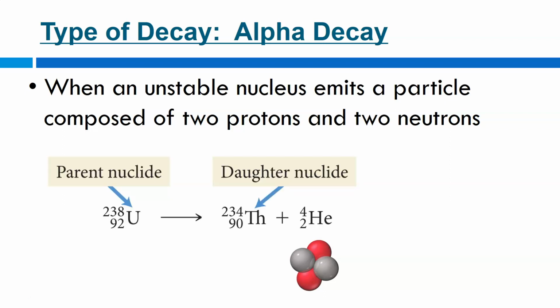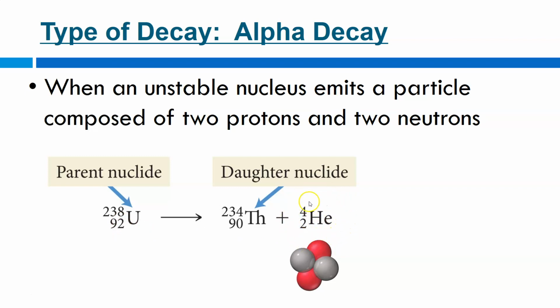Here's an example of a nuclear reaction. We have uranium that is unstable. That poor little nucleus is just not stable. The ratio here of protons to neutrons is terrible. The strong force is not strong enough. It can't hold on. What it's going to do is spit out an alpha particle.